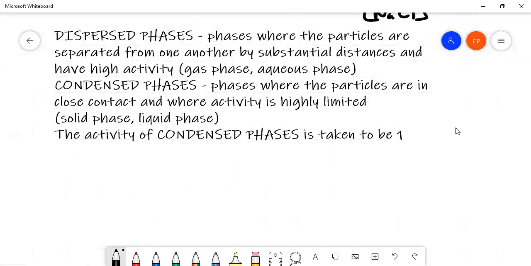And so whenever we actually study condensed phases in a chemical equilibrium like this, we effectively don't count their activity in the expression.